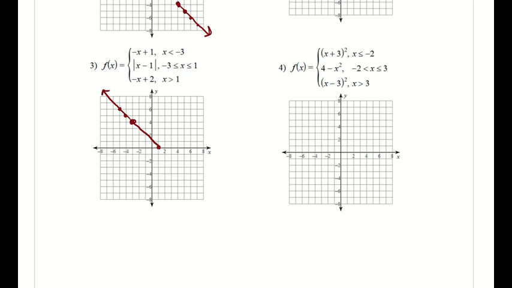So our negative x plus 2 is another line where our slope is negative 1, y-intercept is 2, so when x is greater than 1. So substitute 1 in, so negative 1 plus 2 is 1. So we have an open circle at the point (1, 1).